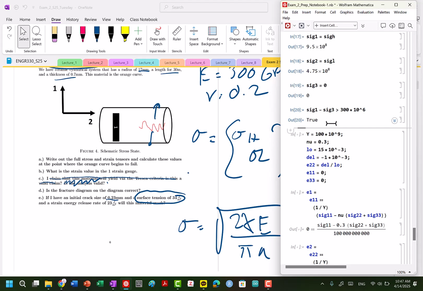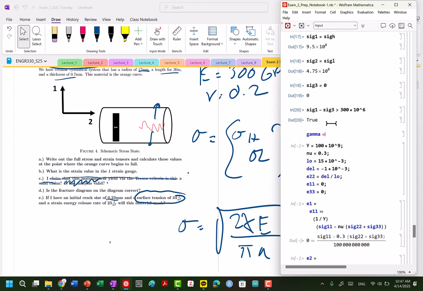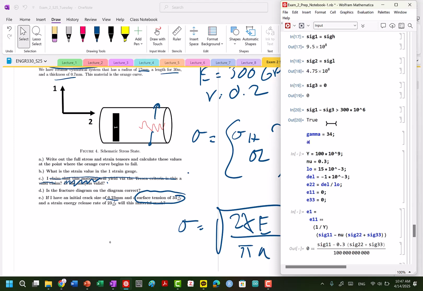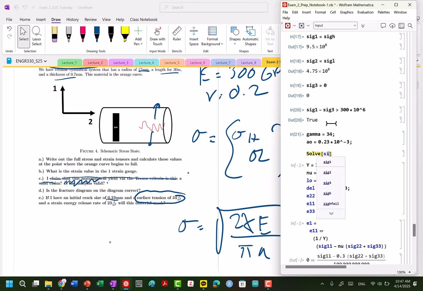So let's go ahead and say gamma equals 34. We already have Y. A naught is equal to 0.23 times 10 to the minus 3. And we know what the largest stress is going to be, and I'm going to assume that that's going to be our hoop. So I'm going to solve sig h equals, or actually we can just compare.